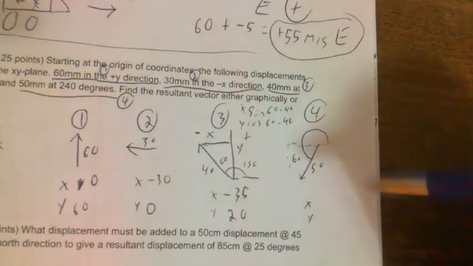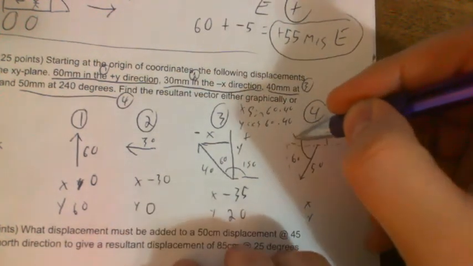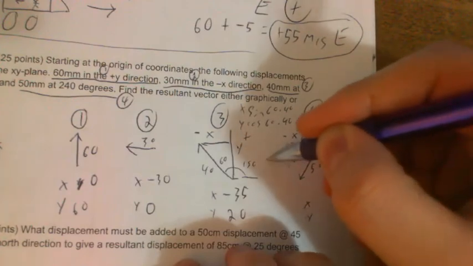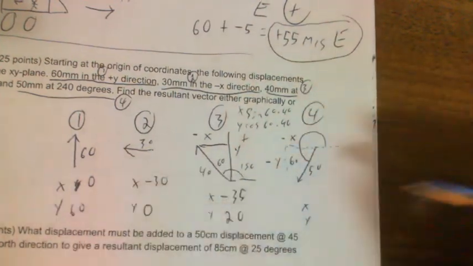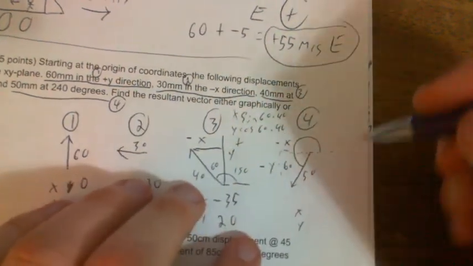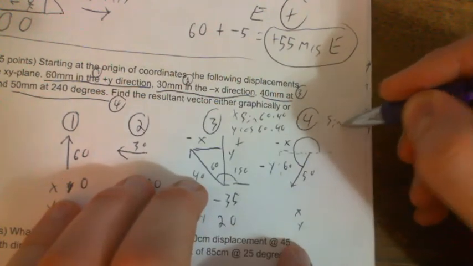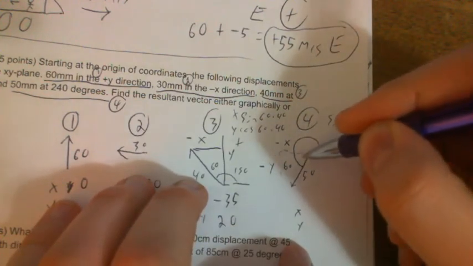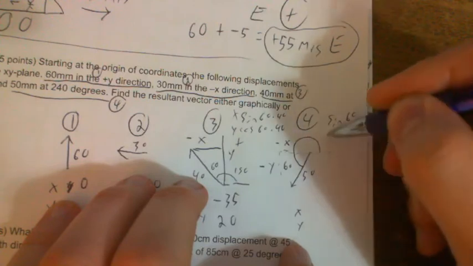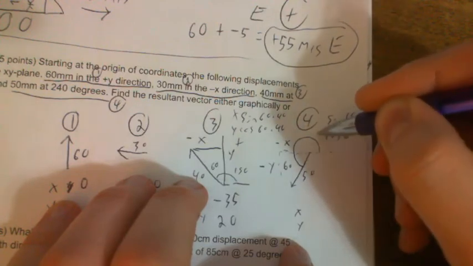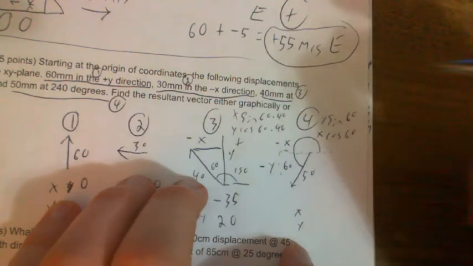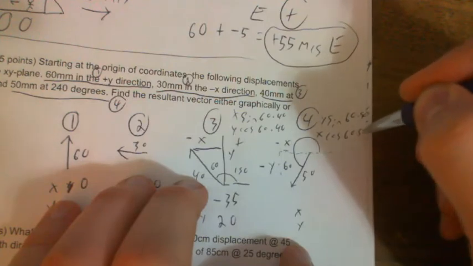For this last one, we have 60. This is going to be a negative x because we're going to the left, and a negative y because we're going down. Do exactly the same thing we did over here. So that's sine of 60 for the opposite side, cosine of 60 for the adjacent side. So x is going to be cosine, y is going to be sine this time. We multiply that by the length of the vector, which is 50.